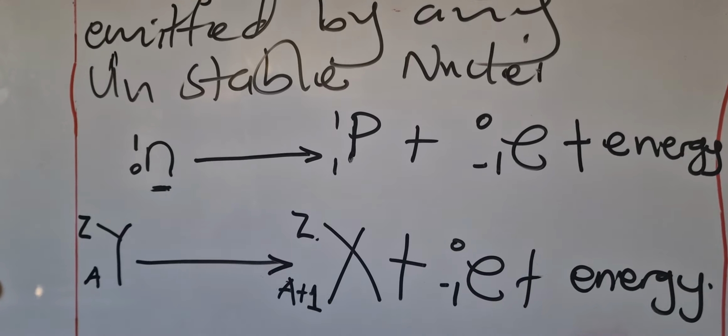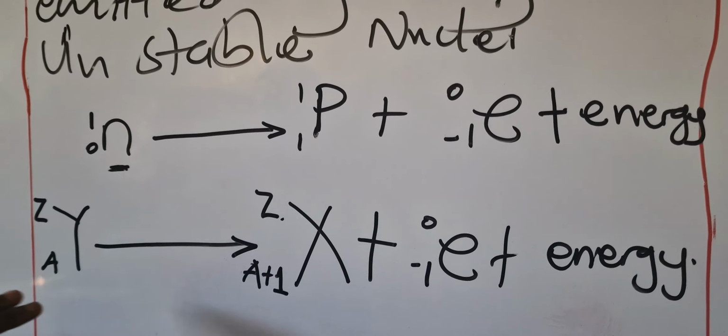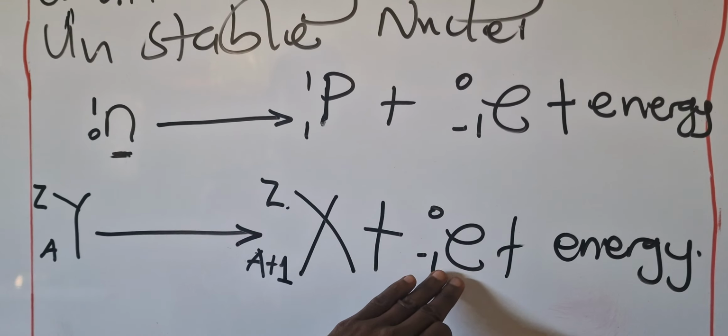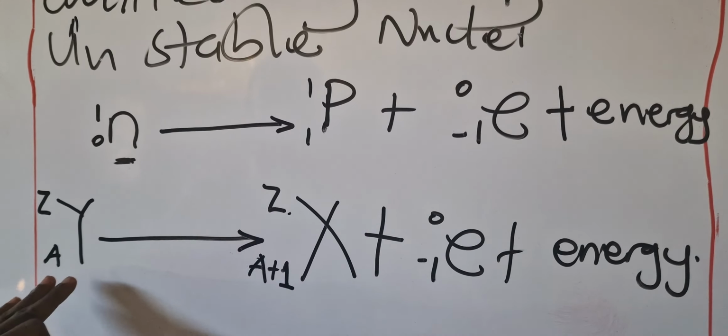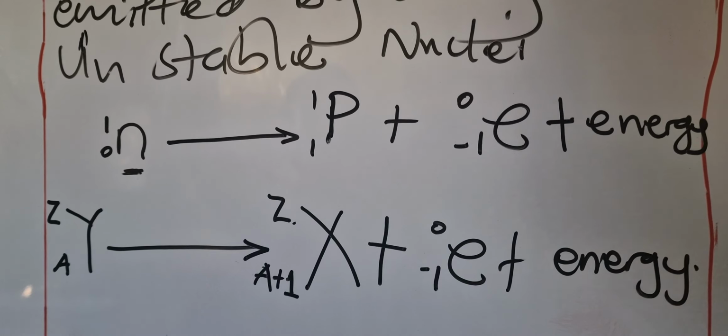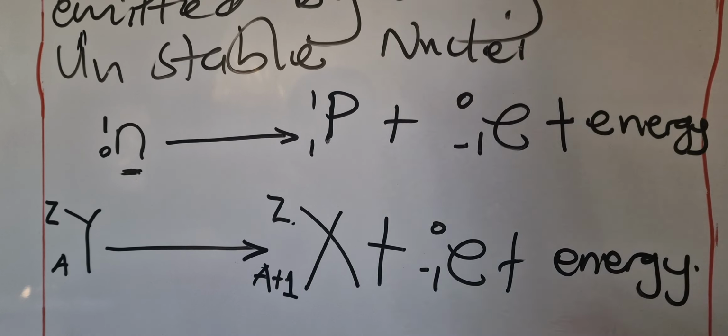Such elements that decay by emission of a beta radiation, they are always slightly lighter than those ones that decay by emission of alpha particles.